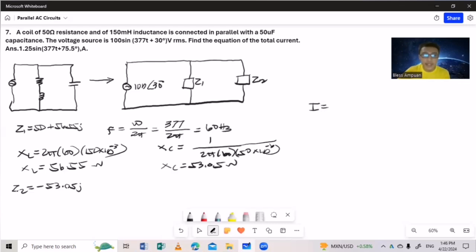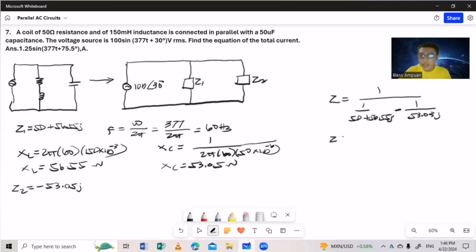With this, we could already get our current equation later. Our total impedance is not yet solved, so first we need to solve for the total impedance. Our total impedance is 1 over the quantity 1 over 50 plus J56.55, plus 1 over negative J53.05.